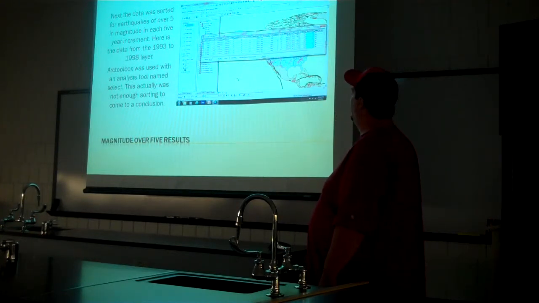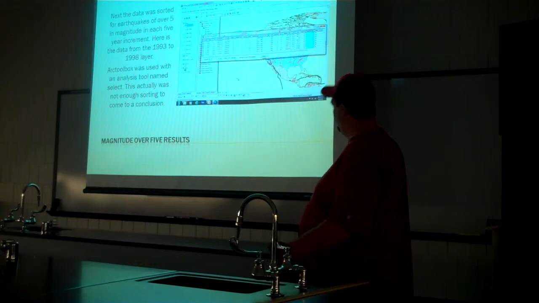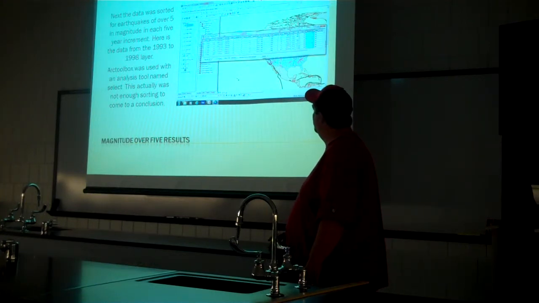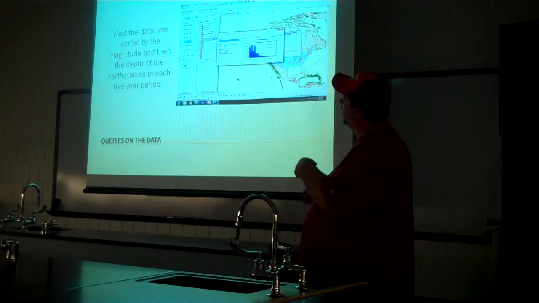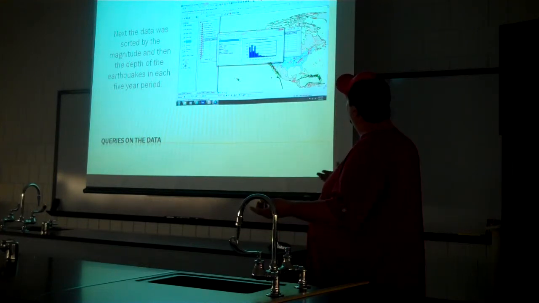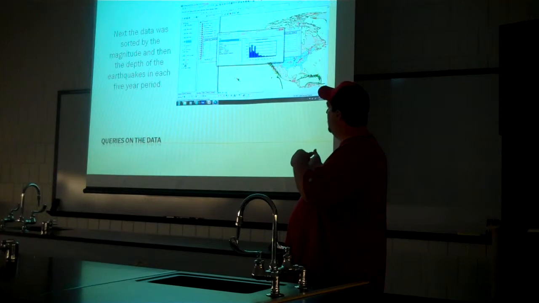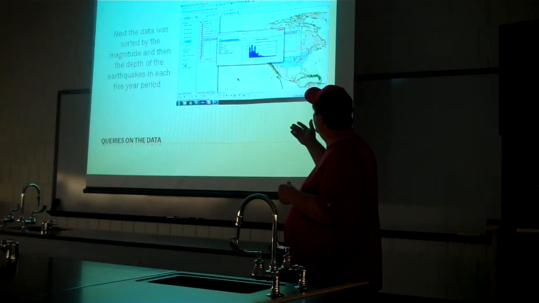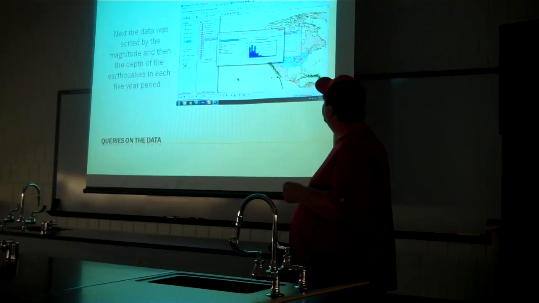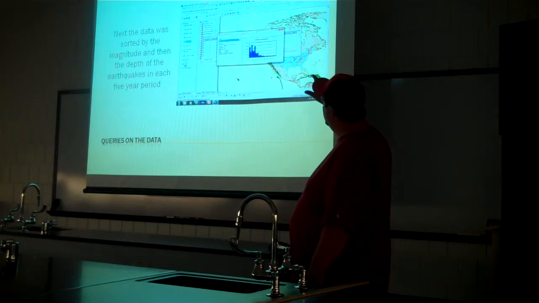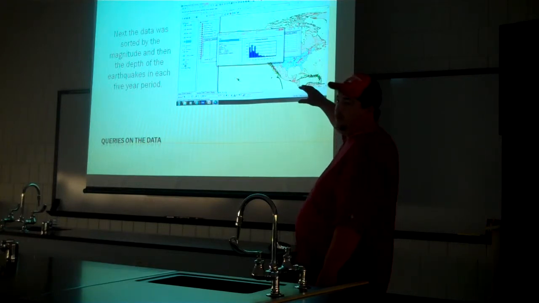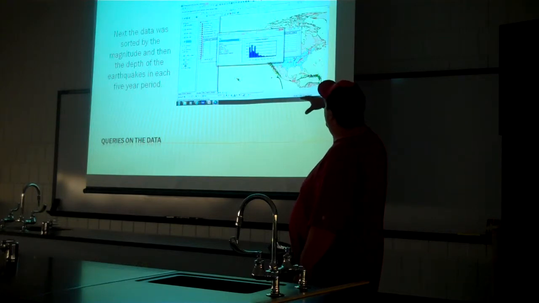Well, that was a little difficult to get through all the data, and it was a little hard to read. So I went through and sorted the data by magnitude. I selected by attribute, and also got the statistics of all those earthquakes.